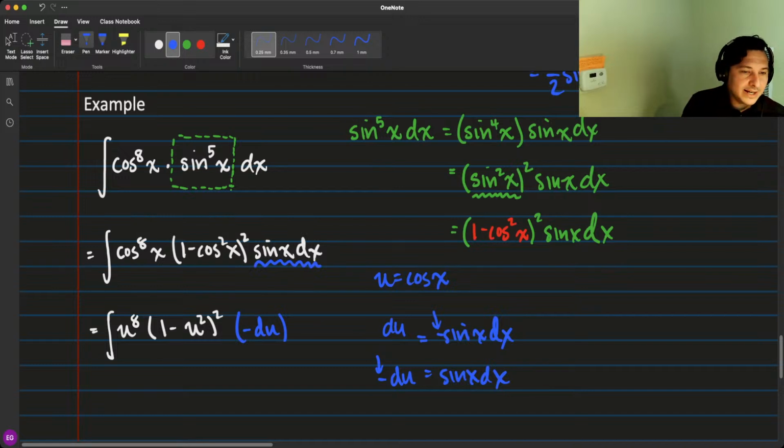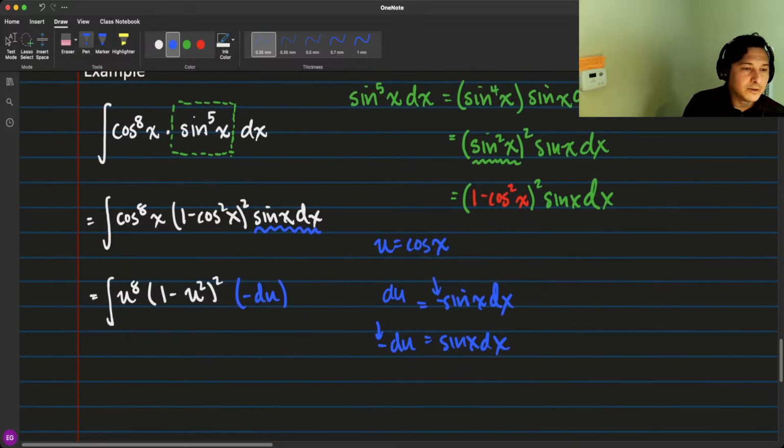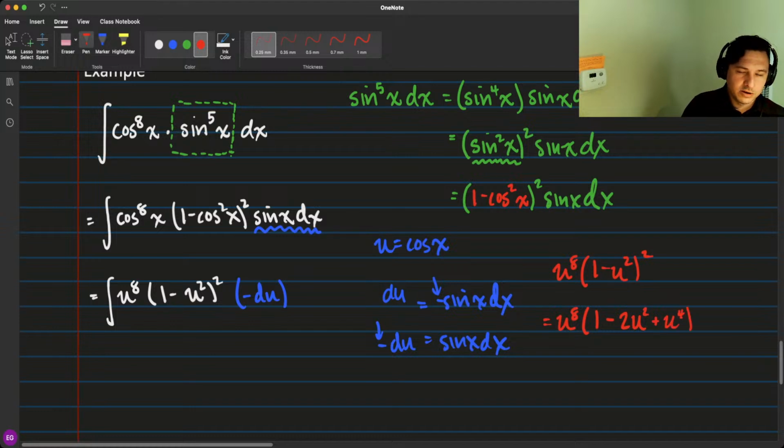Now you look at this and you're like, okay, I can work with this. I've got my u to the 8th times 1 minus u squared, quantity squared. We're going to have to multiply that out. So if you multiply that out, you're going to get 1 minus 2u squared plus u to the 4th.